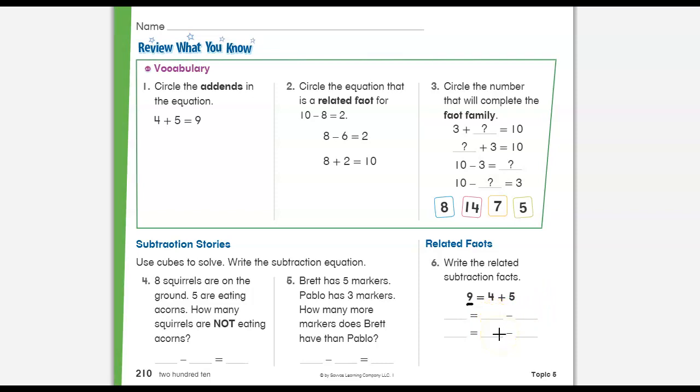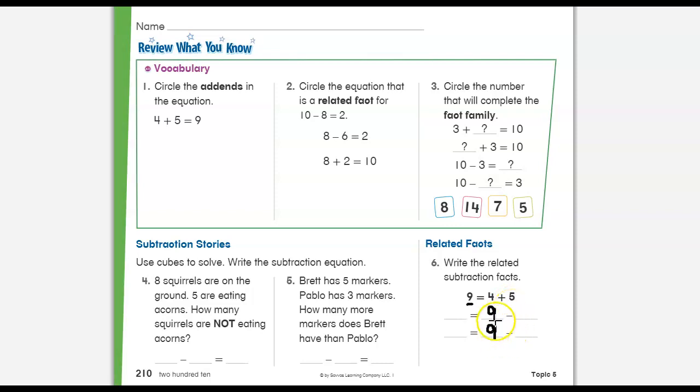So since we are writing our equations a little bit backwards, so the equal sign is at the beginning, our total number is going to have to go right here in the middle, so that we can say 9 minus blank. Because when you read your equation after you solve it, you'll be reading your answer and saying that it's equal to 9 minus blank. Just like how we see here, this is telling us that 9 equals 4 plus 5, which it does.